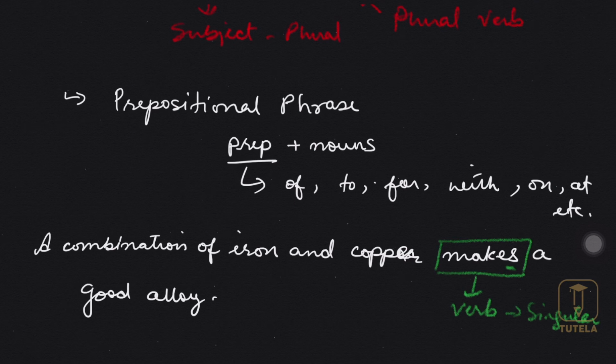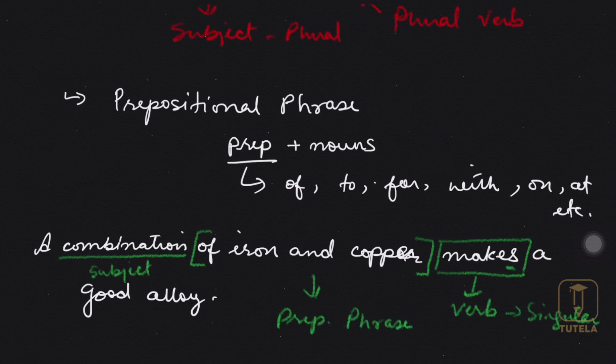So, what is the subject? Is it the whole thing? A combination of iron and copper? No. Here, the subject is just combination, which is singular. Of iron and copper is what we call a prepositional phrase. Here, of is a preposition and iron and copper are nouns.